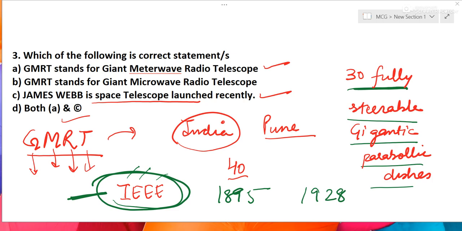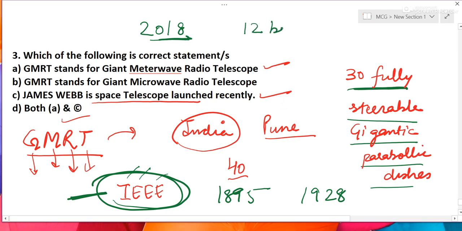See, they have included a question which is so much related to us, and I'll tell you about GMRT. It was used in 2018 to locate the most distant galaxy ever known, which is located at a distance of 12 billion light years. It was discovered by GMRT. So we have it, India has it.